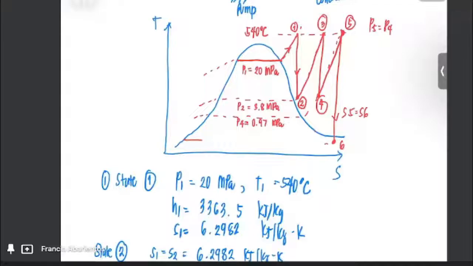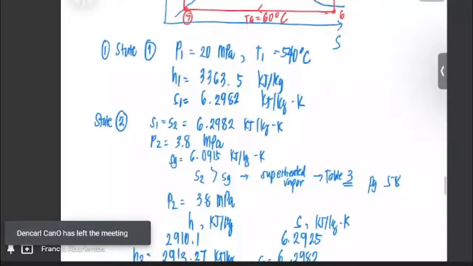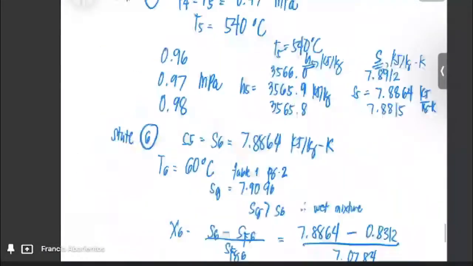This is point 7. After that, balik na sa boiler. Mali. Mataas to class. Kasi dito tayo, ayan. So, this is now your point 8. So, ang given sa atin is 60 degrees Celsius. Okay? So, we have now state 6.